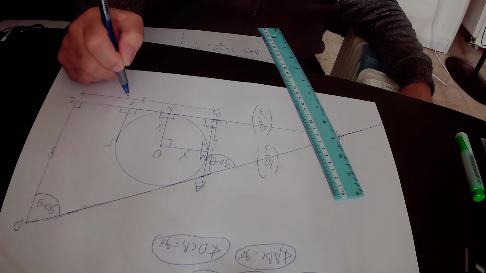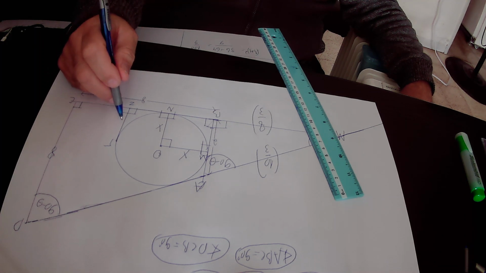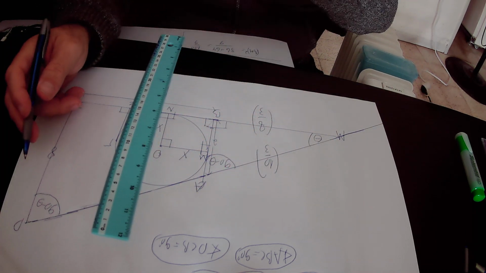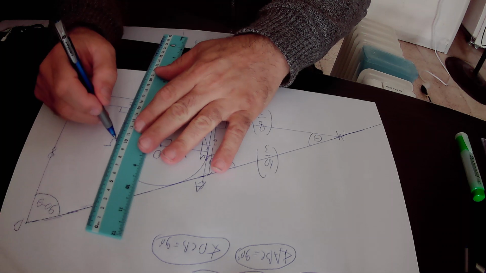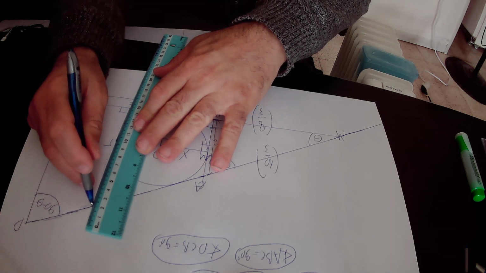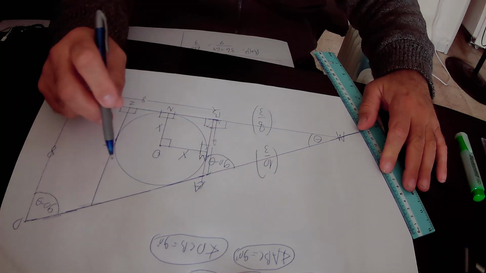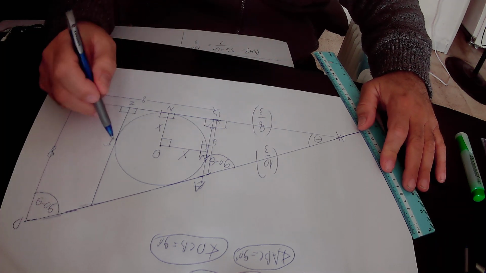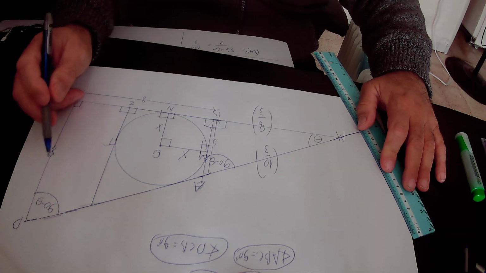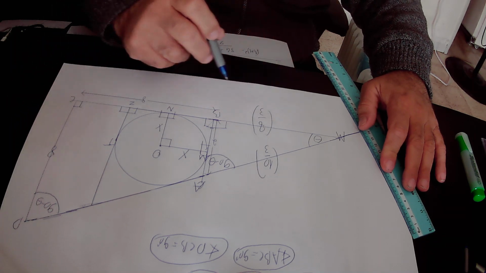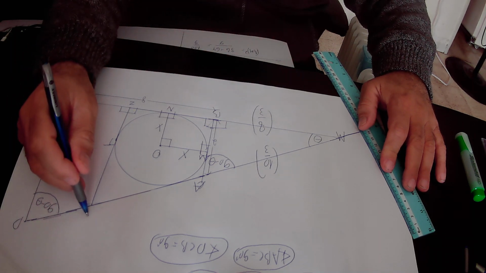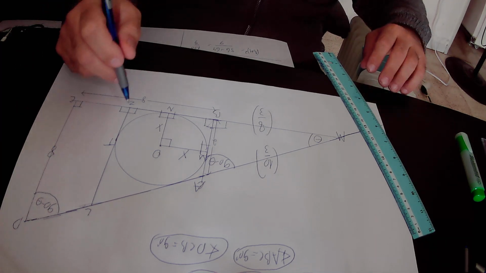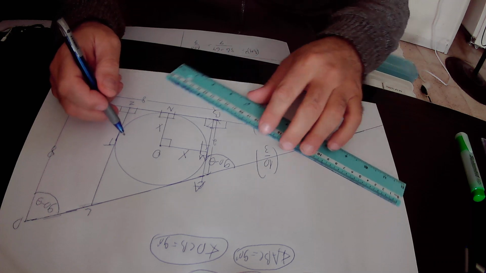Then we will extend the tangent ZT until it touches side DM. We define the touching point of the extended ZT with side DM as L. We join points O and T together by a straight line.